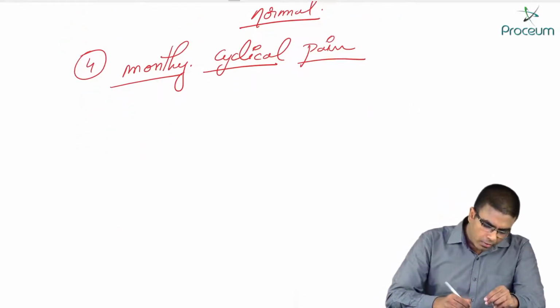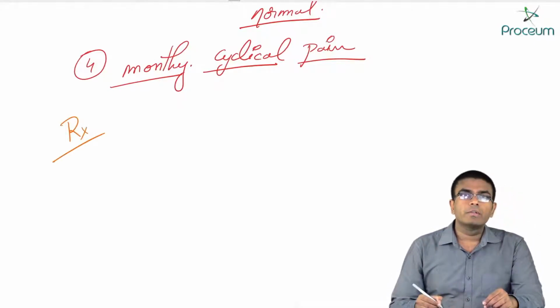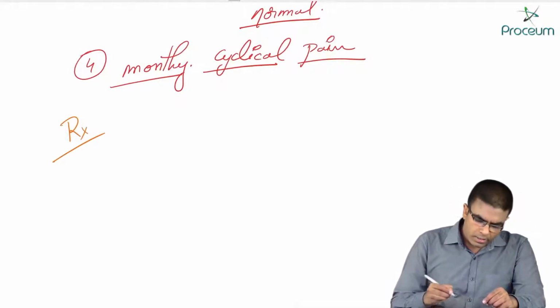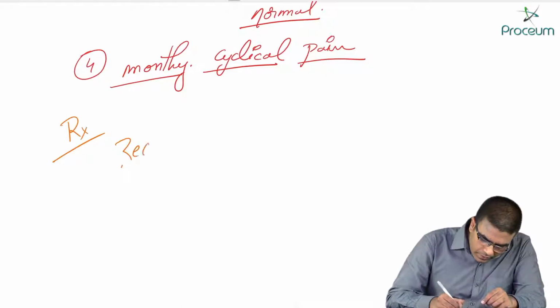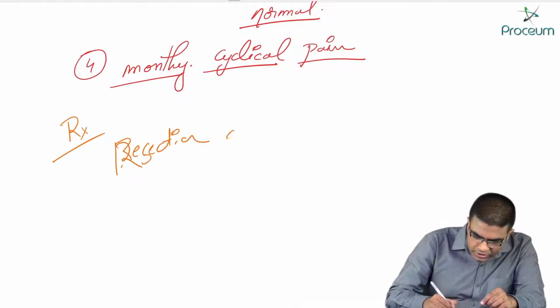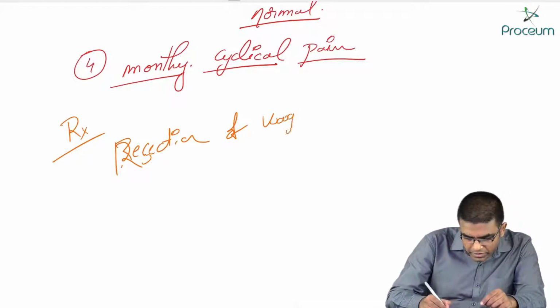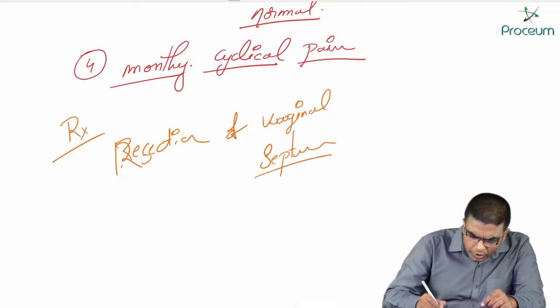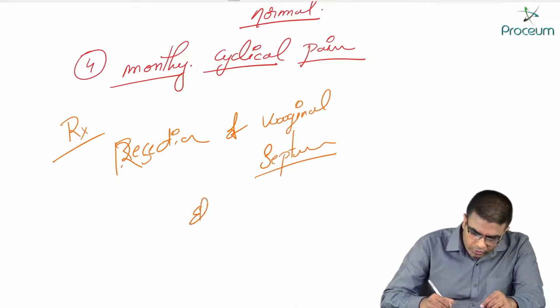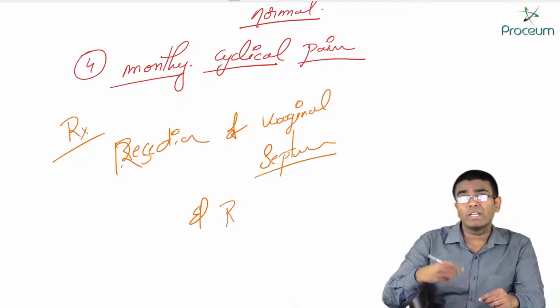Now as a doctor, how are you going to treat this patient? Now you will be doing resection of the vaginal septum. You are going to take out the septum and you are going to do the reanastomosis.